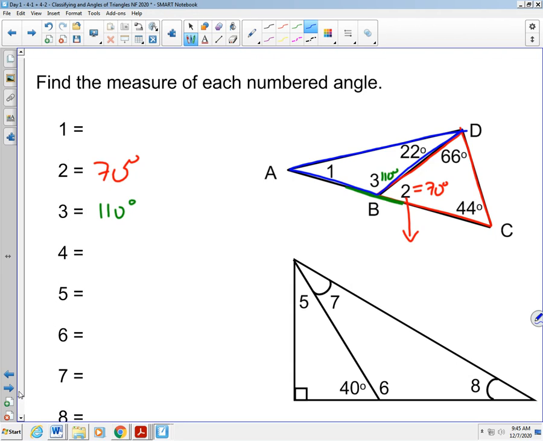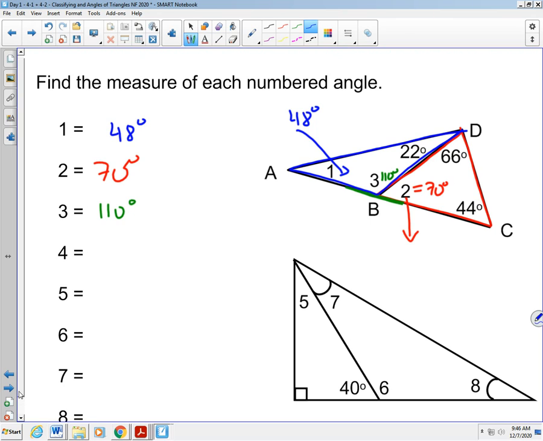And 180 minus 132 would be 48. Okay, so this angle is 48 degrees. And we just found angle 1, angle 2, angle 3. Okay, now where is angle 4? Well, angle 4, I don't know why I have angle 4.